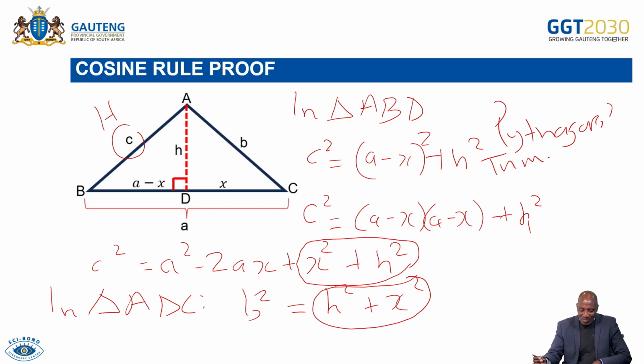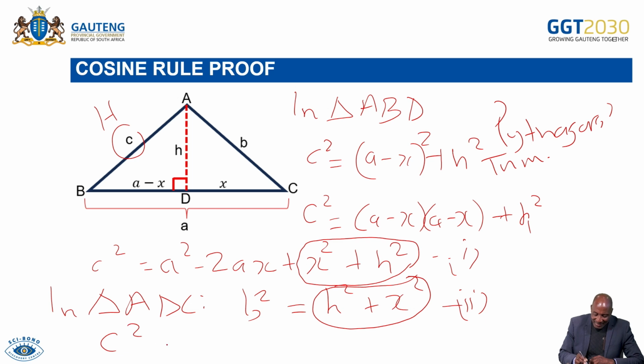So I can as well replace in my equation 1 those two, H squared plus X squared, with B squared from the second diagram. So our C squared equals A squared plus B squared, replacing that, minus twice AX.